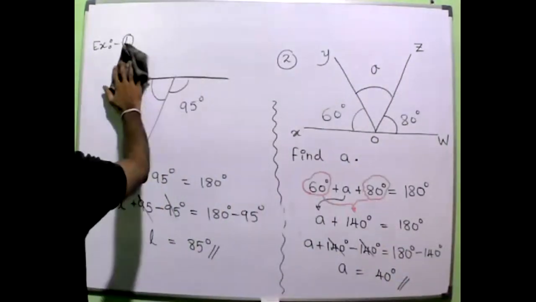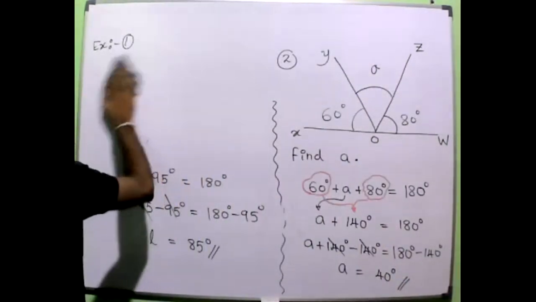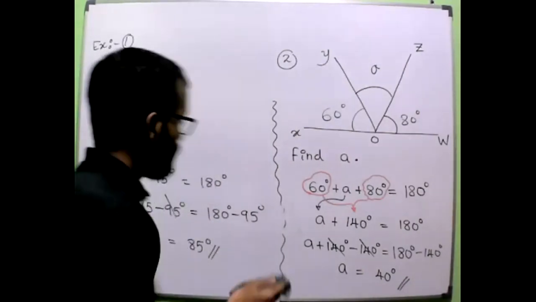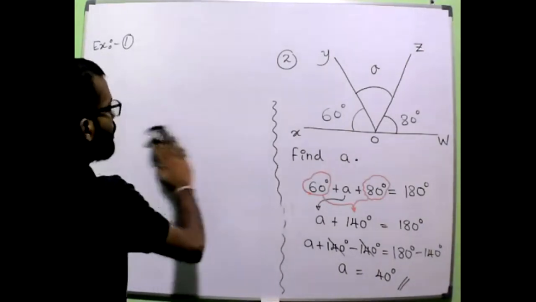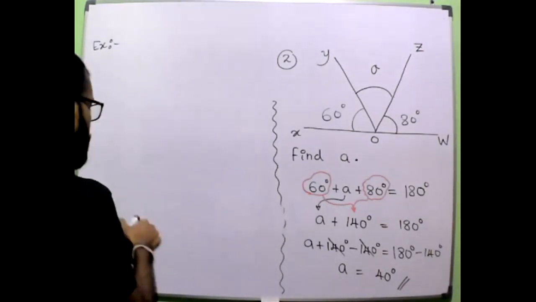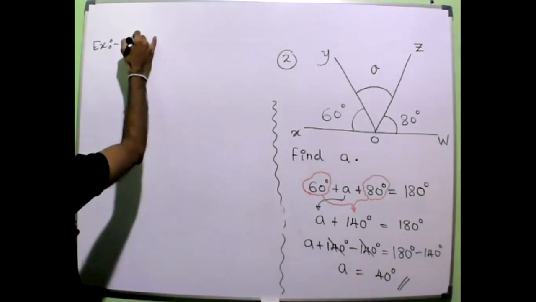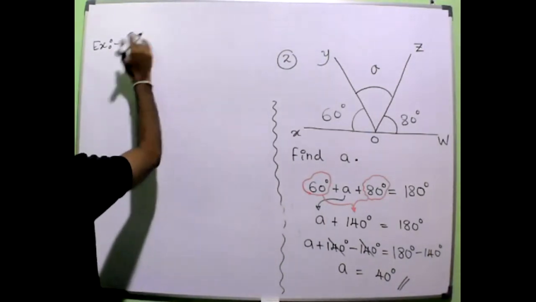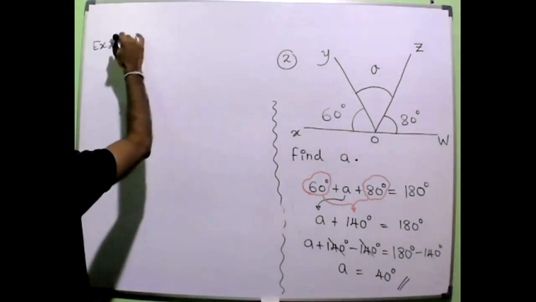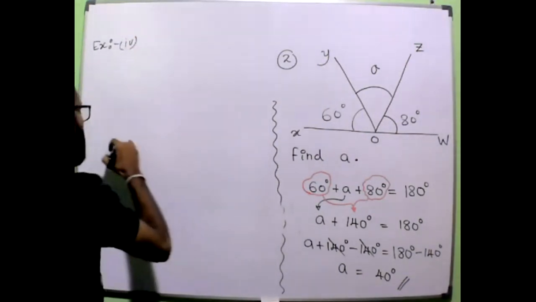So in that case, you have three angles like this, right? So you have to use your previous knowledge as well. It's the fourth one in your textbook. It is something like this.